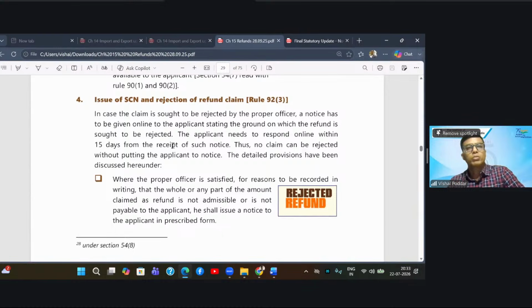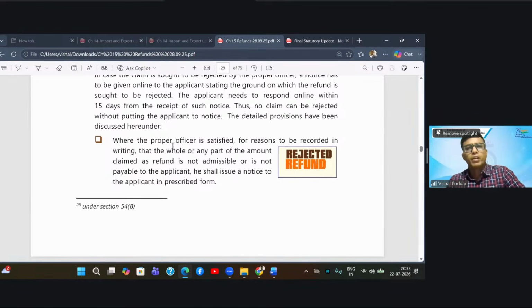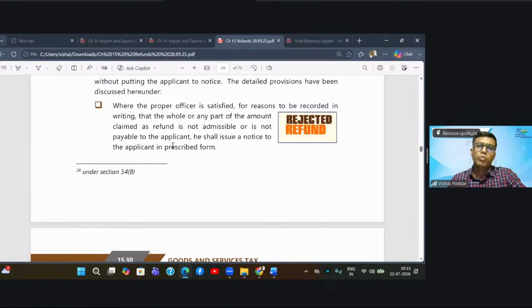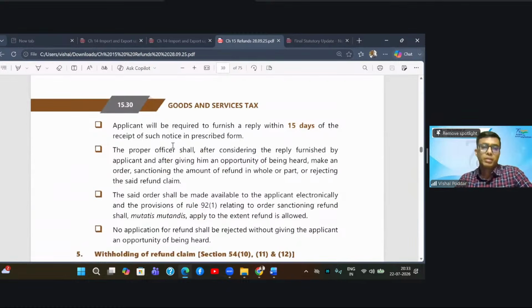Once you respond to this SCN and the officer is satisfied with your reply and all your queries are answered, he will allow that SCN and give you the refund. If you are not able to satisfy or respond to the query of the officer, your refund application will be rejected.